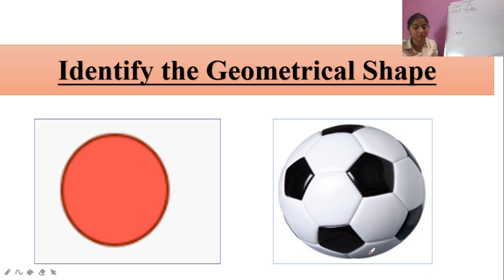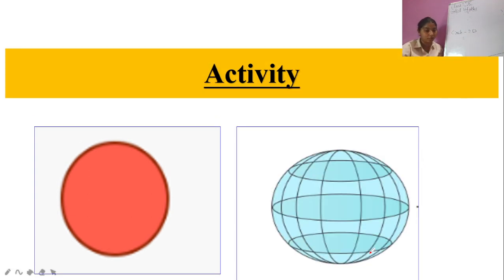As you said, this circle is two-dimensional. So what about the football? What kind of shape is it? This is one of the pictures I pasted, and it is three-dimensional. A football is a three-dimensional shape, and I pasted it along with the circle. It is a three-dimensional shape which has three measurements.